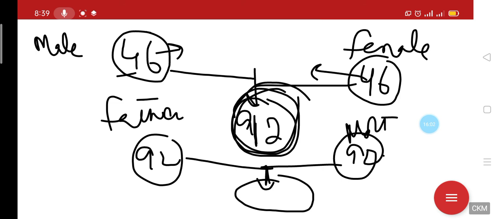This time the baby would have 184 chromosomes. Oh, this is so ridiculous.